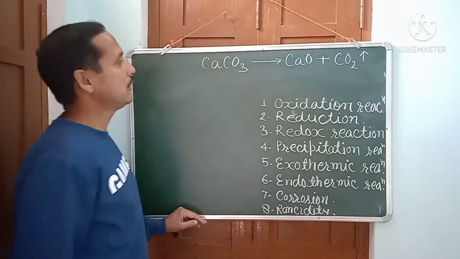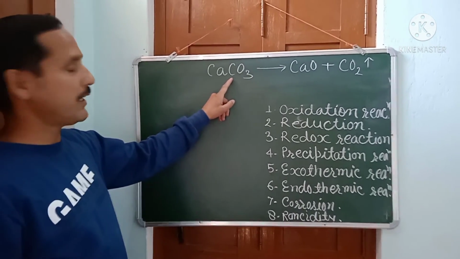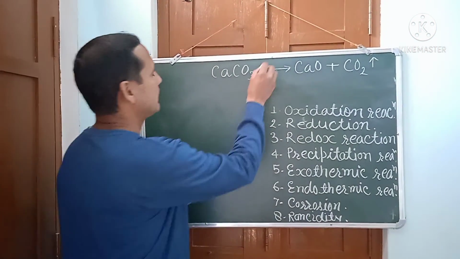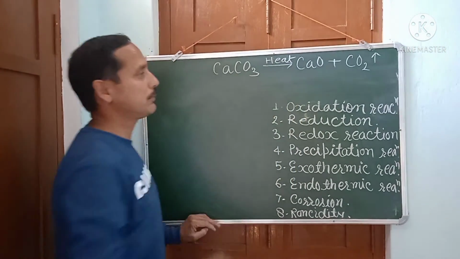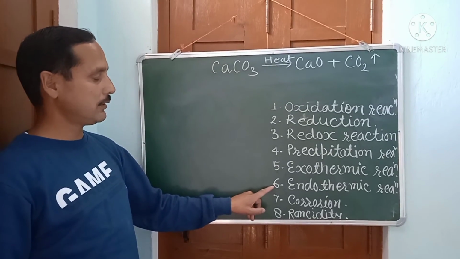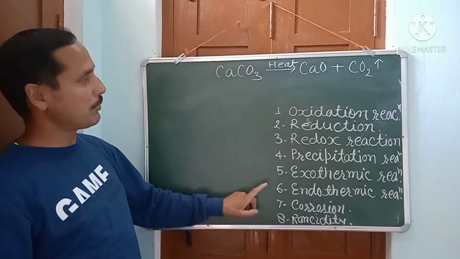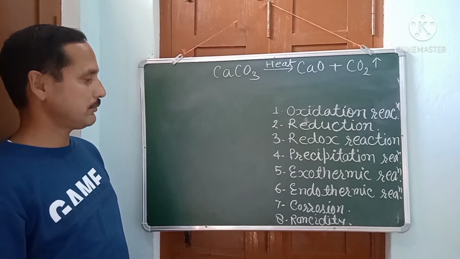This substance undergoes decomposition only when heat is applied. So this type of chemical reaction is called endothermic reaction: a chemical reaction in which heat is absorbed during the reaction.